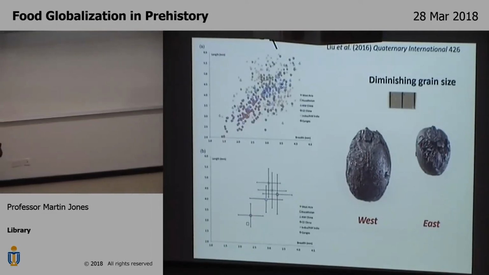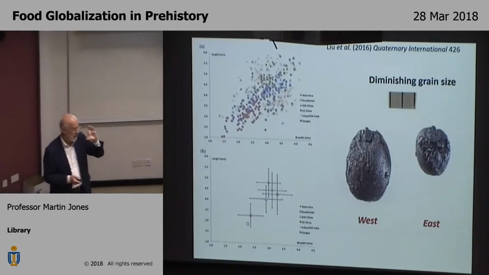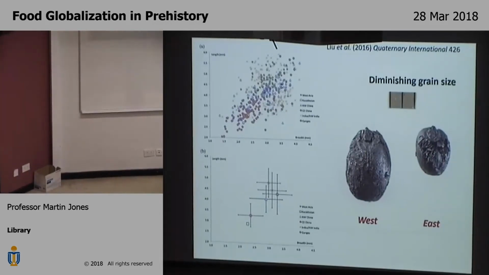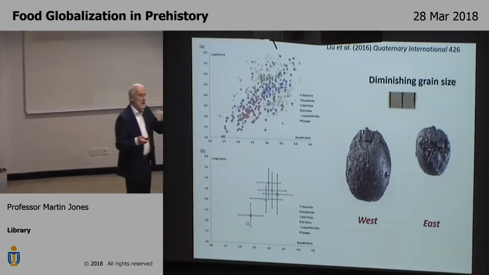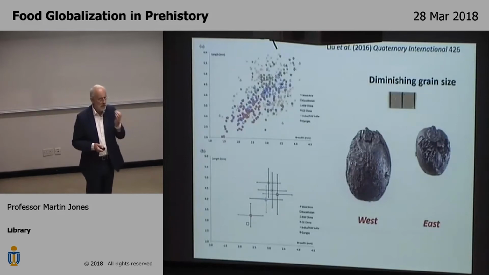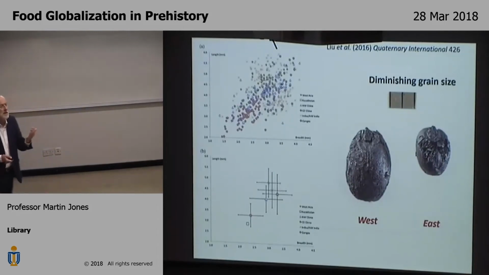Here's another example of the same thing. Some of the crops in the West are good for grinding. If you're grinding, then a big fat grain is really good. If you have that whole grain culinary tradition, especially if it's steamed or something, you don't want grains that are big, and typically, as you know, a lot of steamed whole grains are rather smaller.